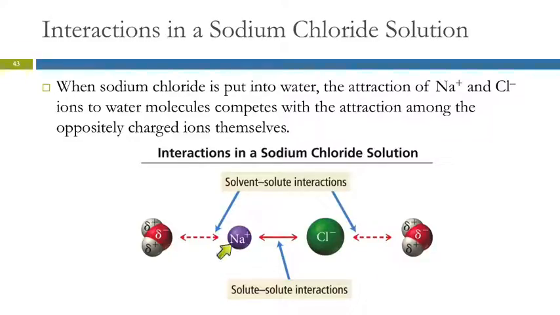And so because we have significant interactions between the water molecules, the solvent molecules, and the solute, the sodium chloride will dissolve. These ions will separate from each other because the attraction they're losing between the oppositely charged ions gets made up for by the interactions with water.